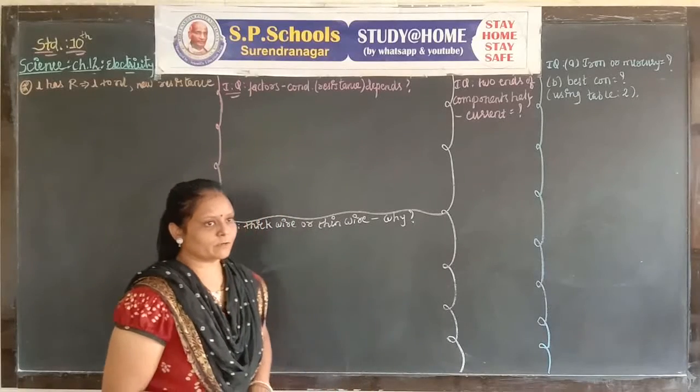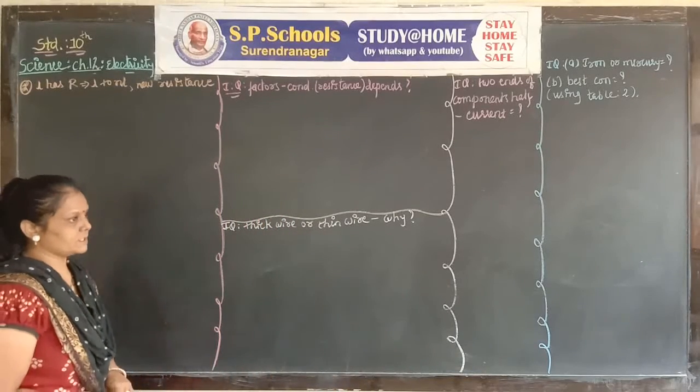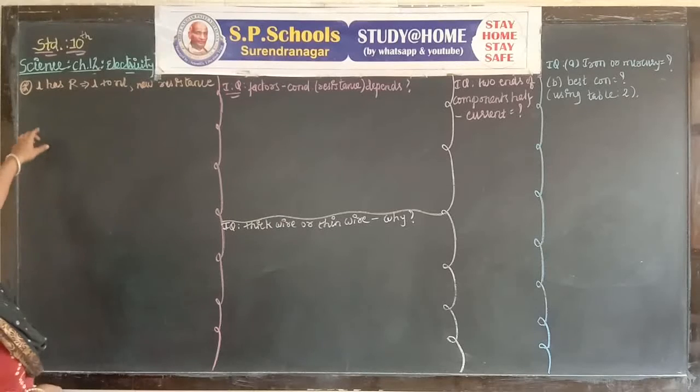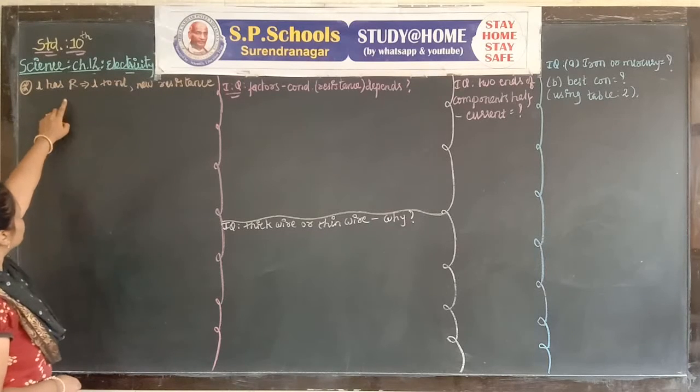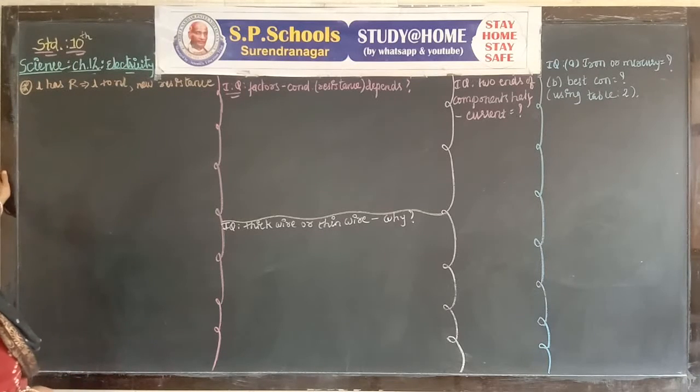Let's go through one question related to resistance and resistivity. If a conductor's length is small l and resistance is capital R, when it is stretched uniformly, the length becomes n into L. What will be the new resistance? Let's find it.